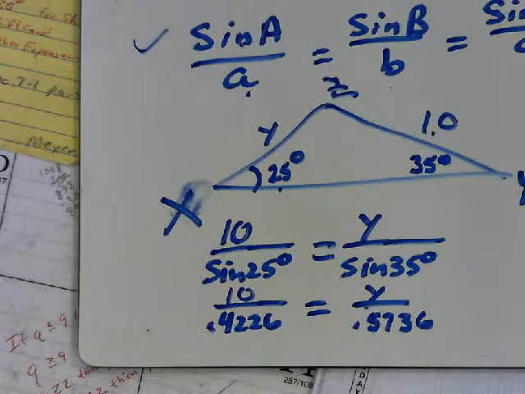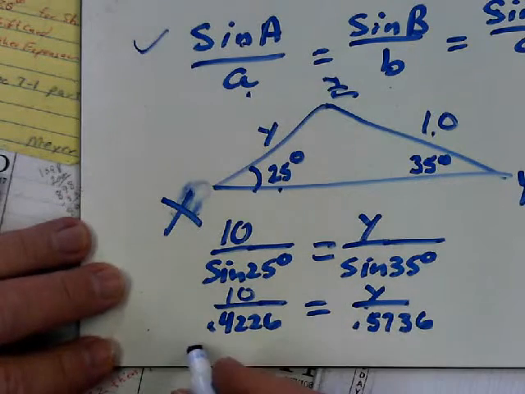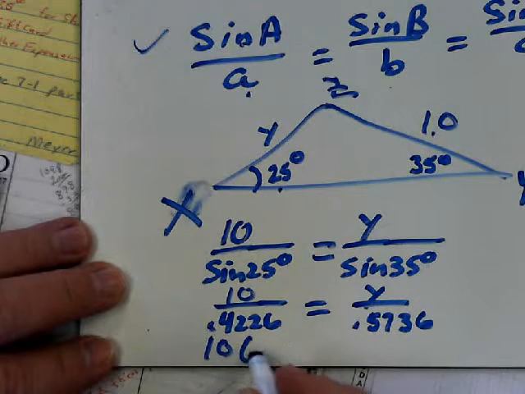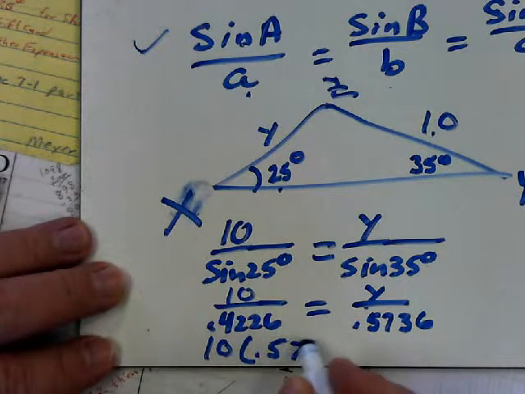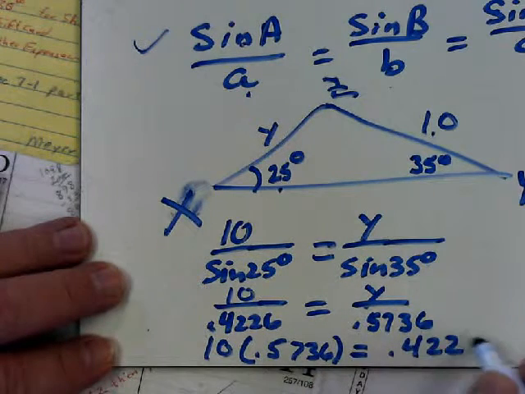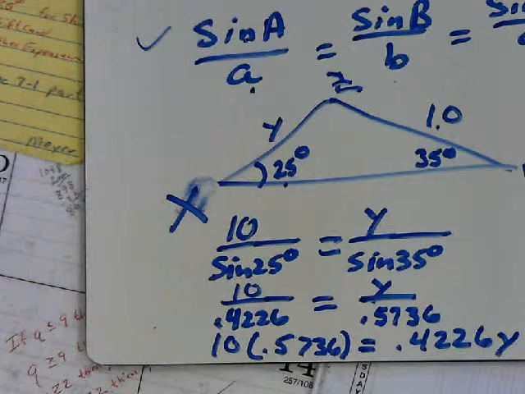So now that I've put all the numbers in for the items that I know, how can I solve for y? I'd probably do cross multiplication, which means that I would have to take 10 times 0.5736 equals 0.4226 times y. 5.736.